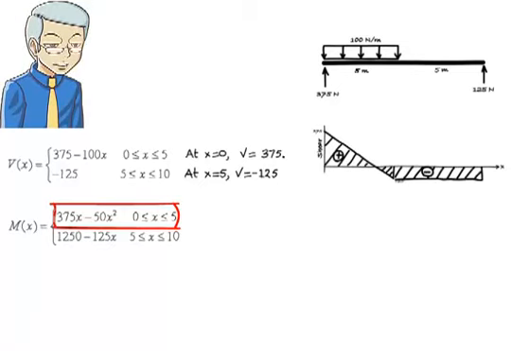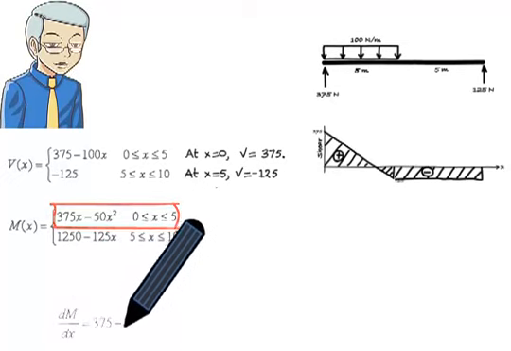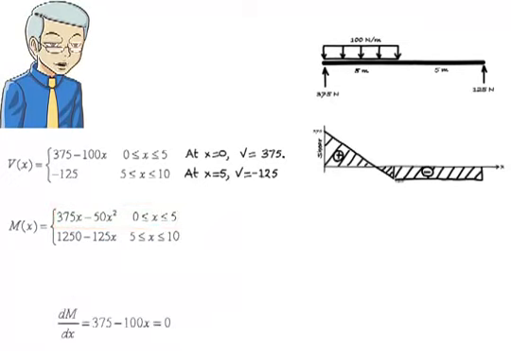That is, dM/dx equals 375 minus 100x equals 0. Solving the equation for x, we get x equals 3.75. That is, moment is maximum at x equals 3.75. So now we have 3 points for graphing the moment equation.